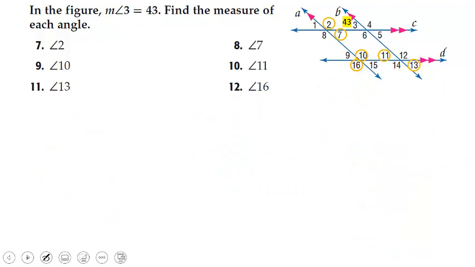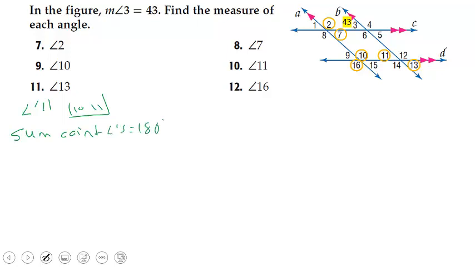Let's do angle 11. So if I sketch, angle 11 is here at the bottom. And for 11, I cannot go 11 and 3. I can only go 11 and 10. So my reason is going to be the sum of co-interior angles are equal to 180.